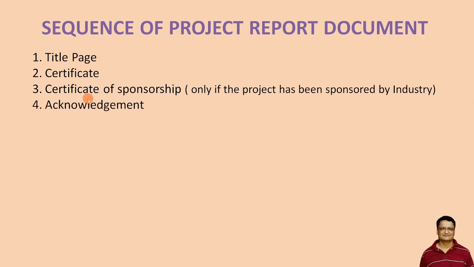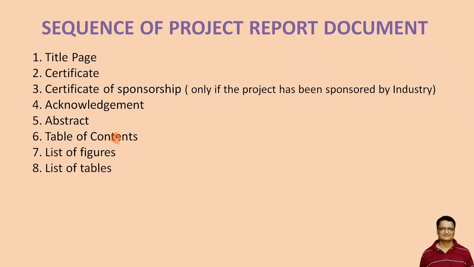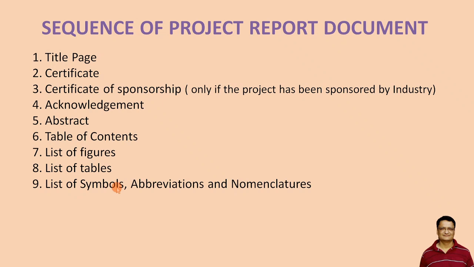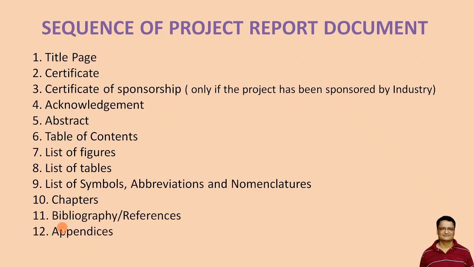Then you have to write the acknowledgement, then an abstract, then a table of content or index, then the list of figures, list of tables, then list of symbols and abbreviations or nomenclature. Then there are the chapters like introduction, literature review, methodology. We will see all these things in detail. Then there is a bibliography or references, and appendices is the last part. These are the typical documents that you need to compile to complete your project report.